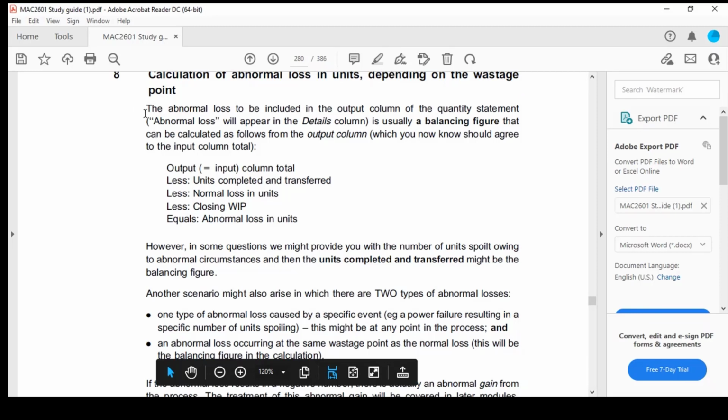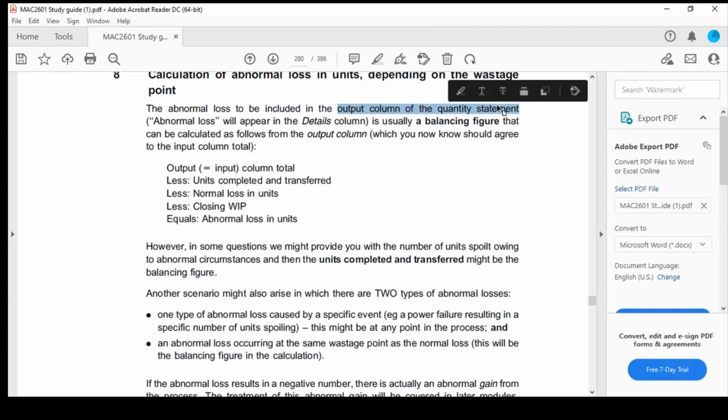So now, abnormal loss. We did say that this is what you can control, this is avoidable. So abnormal loss forms part of your output column of your quantity statement. And it's actually a balancing figure. And how do you calculate it?